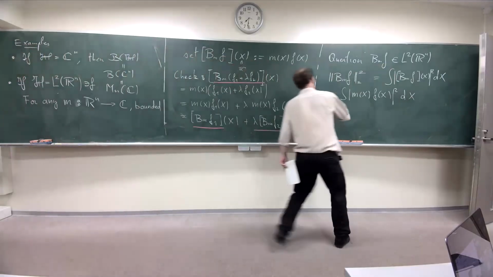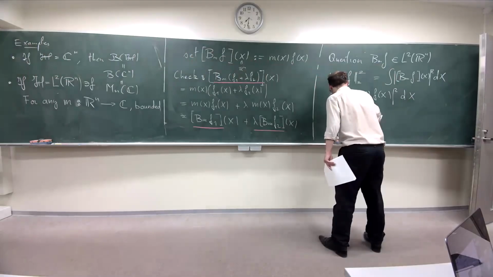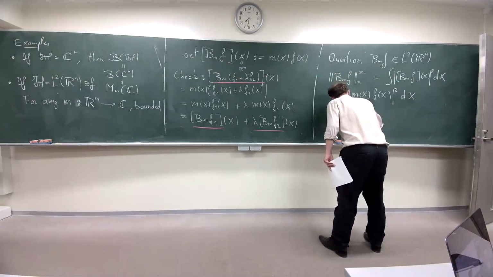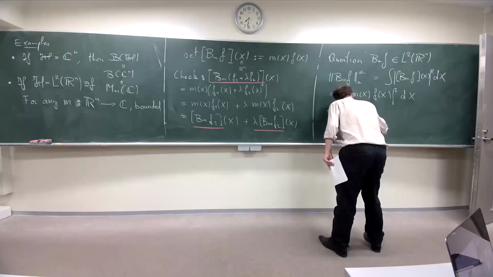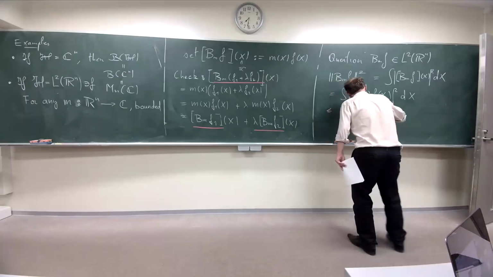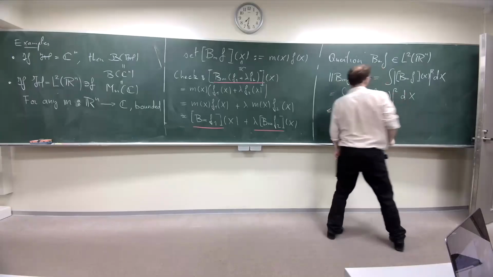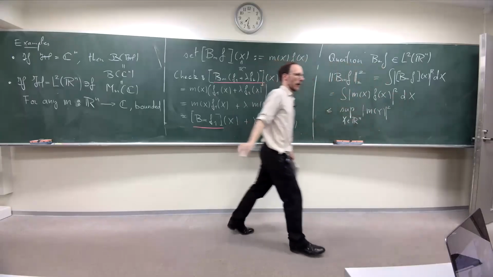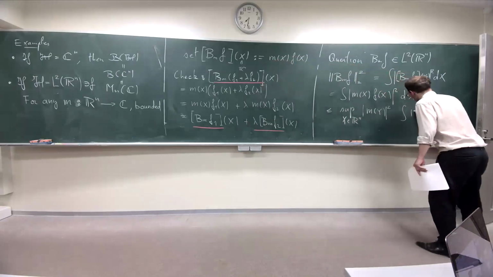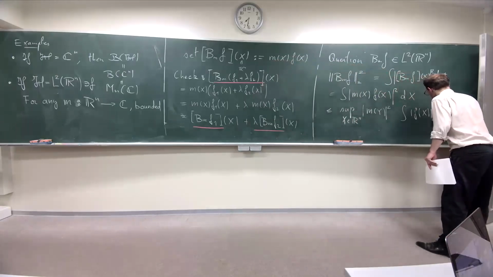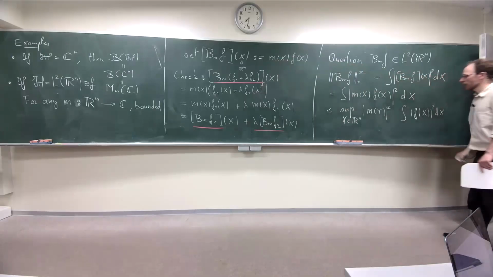This is smaller than sup over y belonging to Rn of m of y, I need to take a square because everything is squared, times this integral of f of x squared dx.